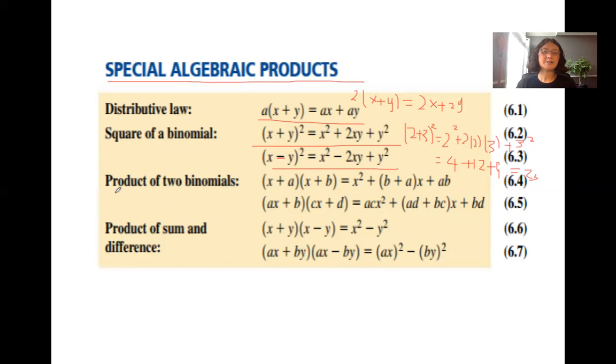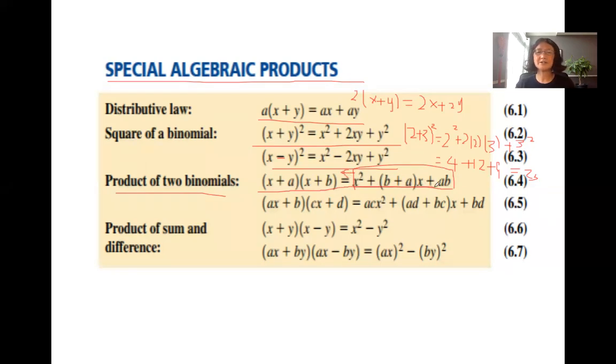The next one, product of 2 binomials. Okay, so x plus a, this one here. And this formula is also useful when you do the factorization later on. Okay, so when you do factorization, you look from right-hand side to left-hand side.